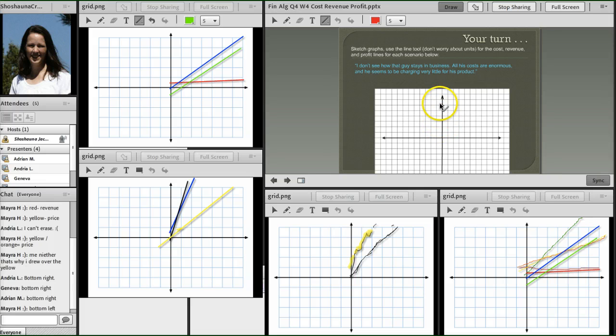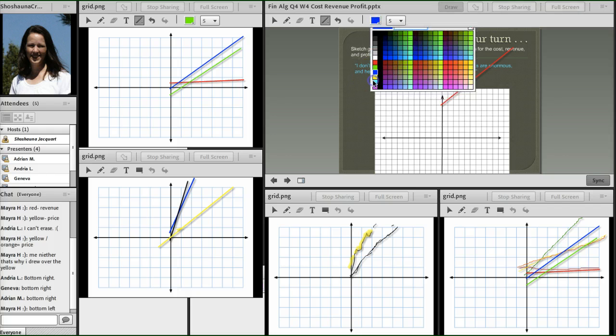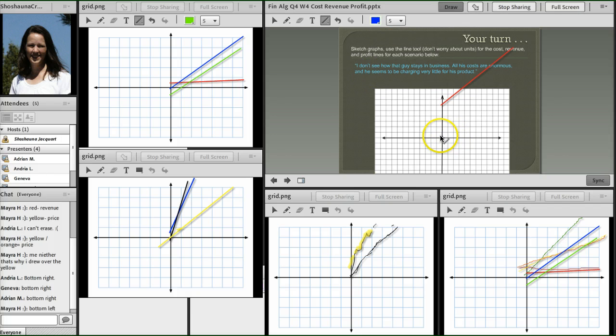If he had enormous costs, I would have something a lot higher up there. And if he's not charging very much, then the revenue is going to start at 0 and work its way up a little bit, and it's going to take a really long time to cross.